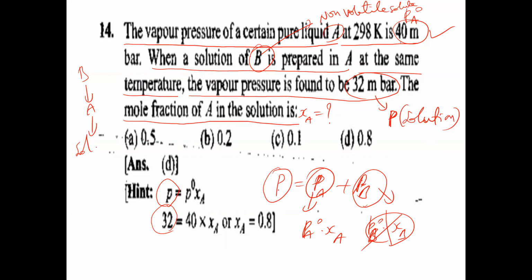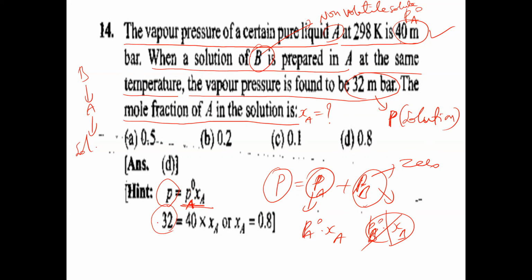So P of solution, the total vapor pressure of solution, is equal to PA plus PB, and PB is 0 here. That's why only PA will be taken, so P total is equal to PA. PA means PA naught into XA, the vapor pressure of pure liquid A into XA.